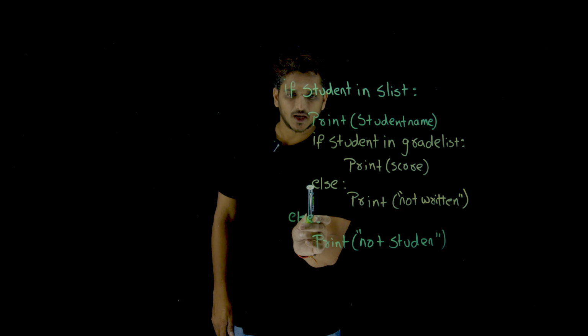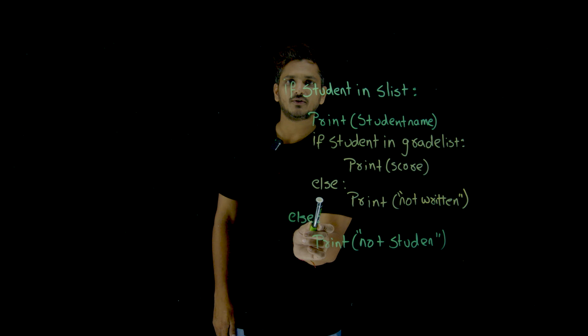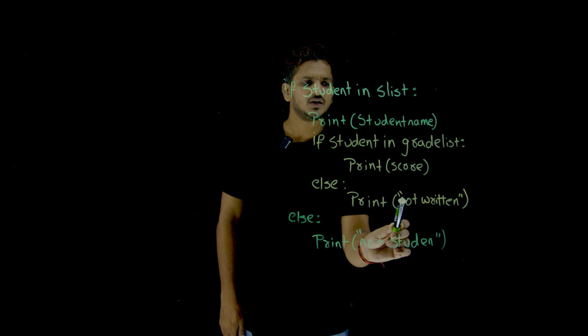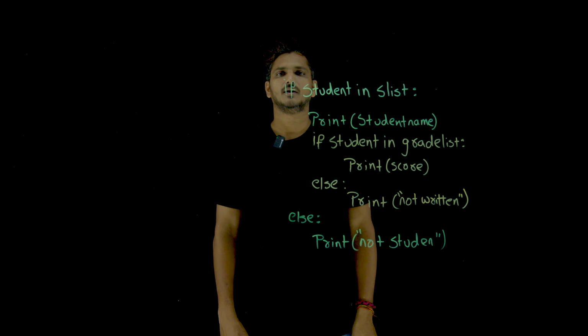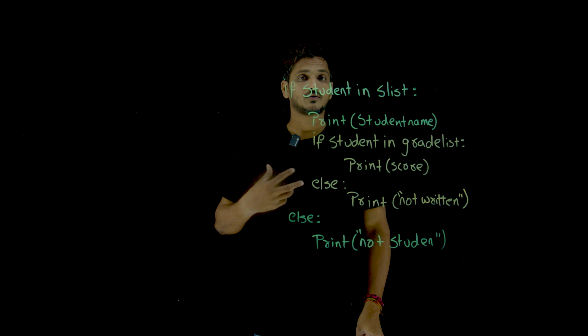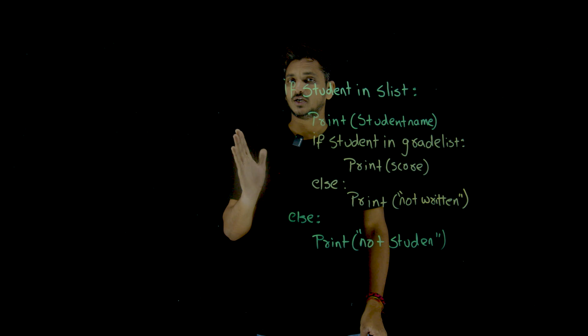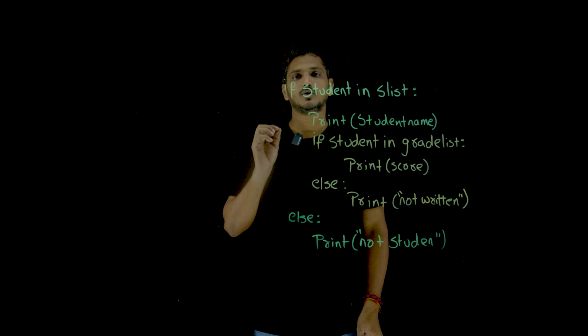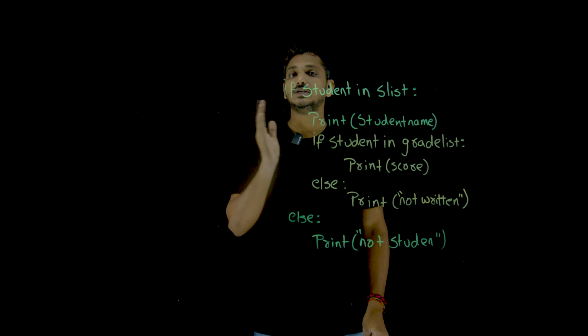In the same line, else, this else belongs to this inner if. Else, print not written. This is the indentation you have to follow. Otherwise, the Python compiler will get confused and it is not going to execute your code. It is going to give you syntax errors.